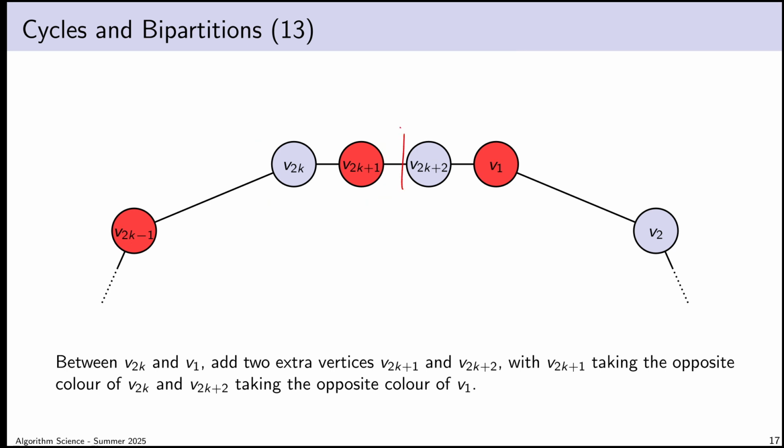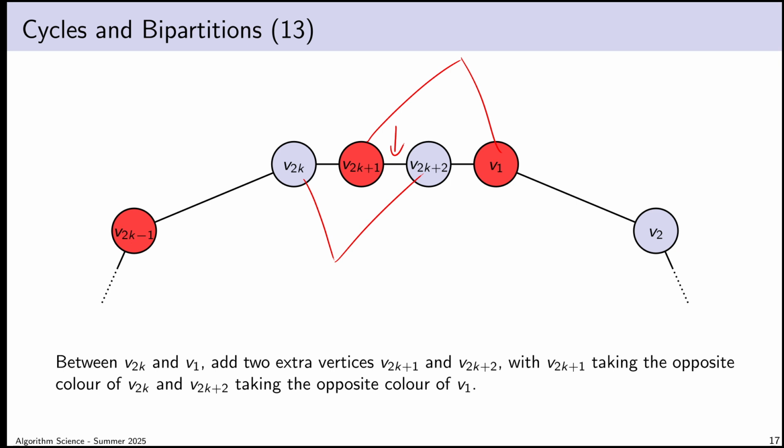If V2K plus 2 has the opposite color of V1, then this edge here obeys the two coloring. And actually, between the lines, we can assert that these two vertices have to have opposite colors, because as I said earlier, V2K and V1 have opposite colors of each other. By interleaving, making these two things have the same color and these two things have the same color, I'm forcing this edge to connect two things of different colors.